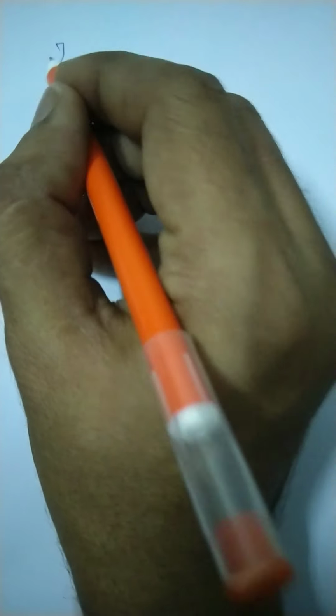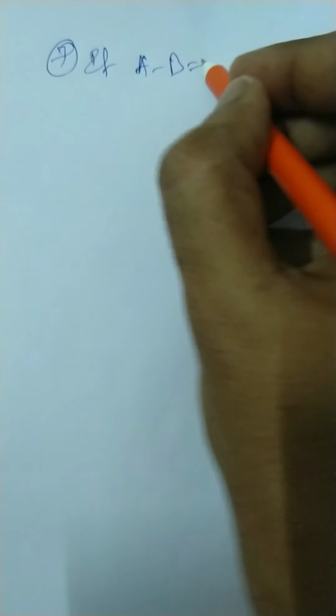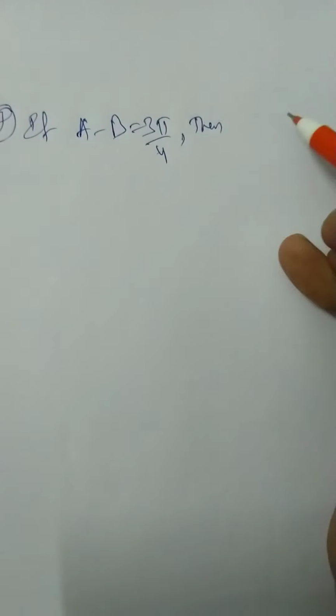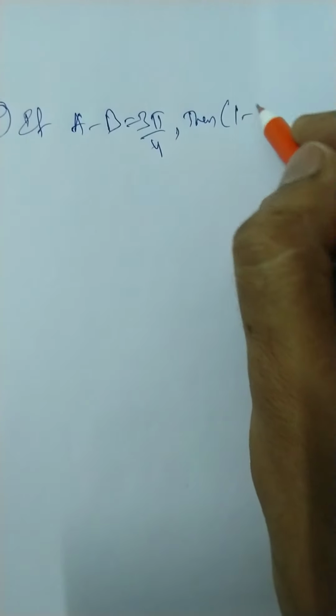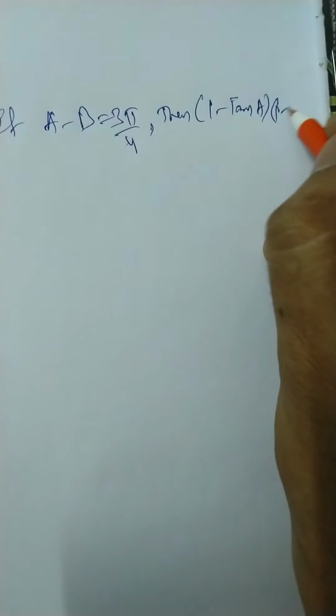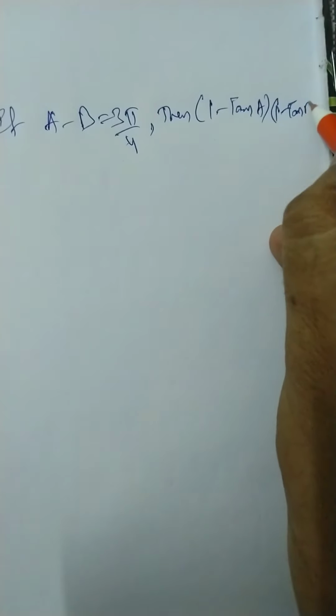Problem number 7. If a minus b is equal to 3 pi by 4, then the value of (1 minus tan a) into (1 minus tan b).